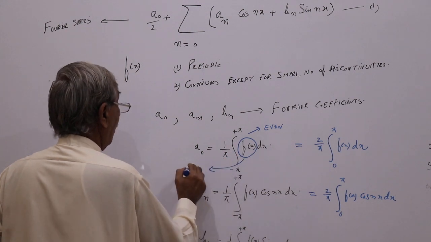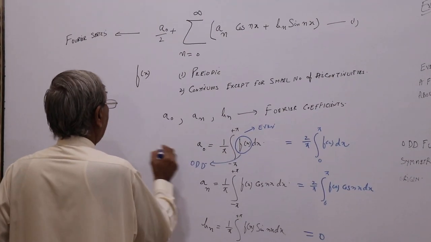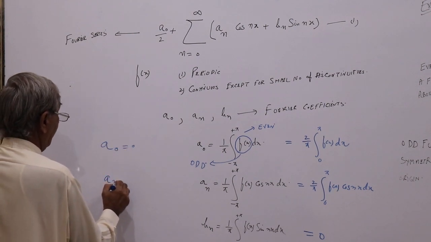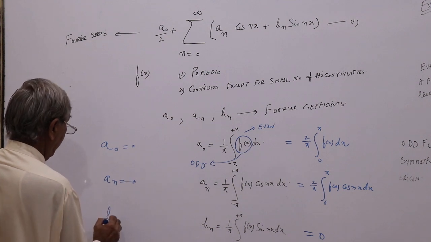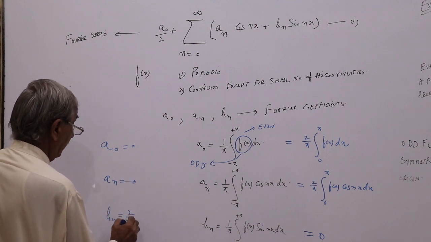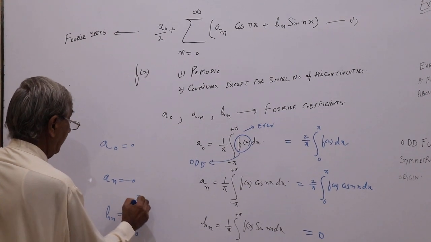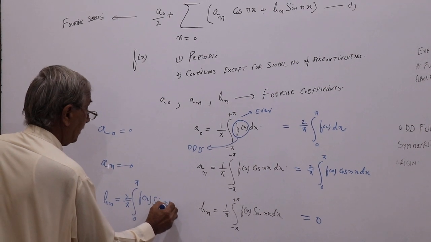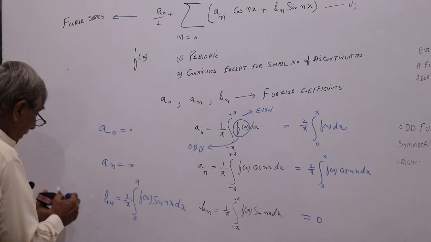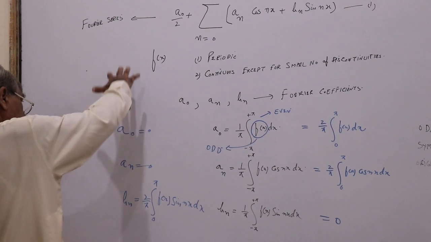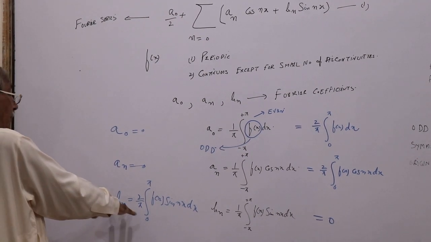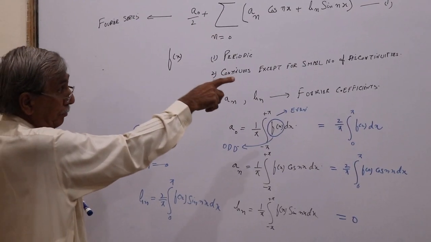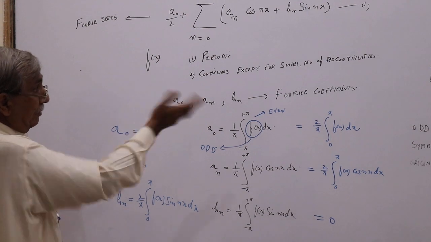When f(x) is odd, then a naught is 0, an is equal to 0, and bn is equal to 2 over pi integral 0 to pi f(x) sine of nx dx. Now these are the coefficients you have to calculate for an odd function. So you will check by plotting the graph whether the function is even or odd.